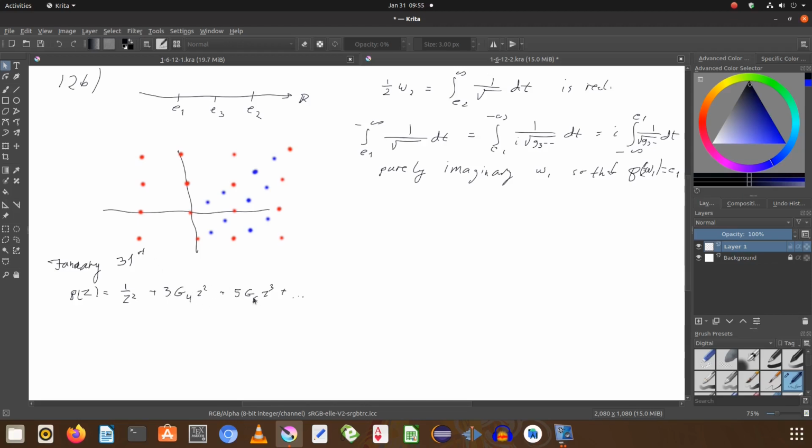G2 and G3 are real, so capital G4 and 6 are real, and all the coefficients here are integers, so G8, 10, 12, etc. all turn out to be rational. That means that we have a real expansion of the Weierstrass P function, and that's very nice.